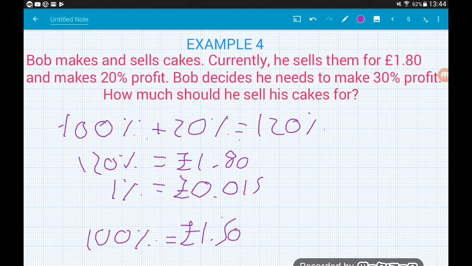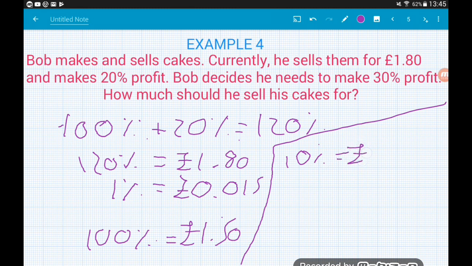He's decided that he wants to make 30% profit, so we need to increase £1.50 by 30%. Now 10% of £1.50 is 15p, so 30% is 3 times that, which is 45p.